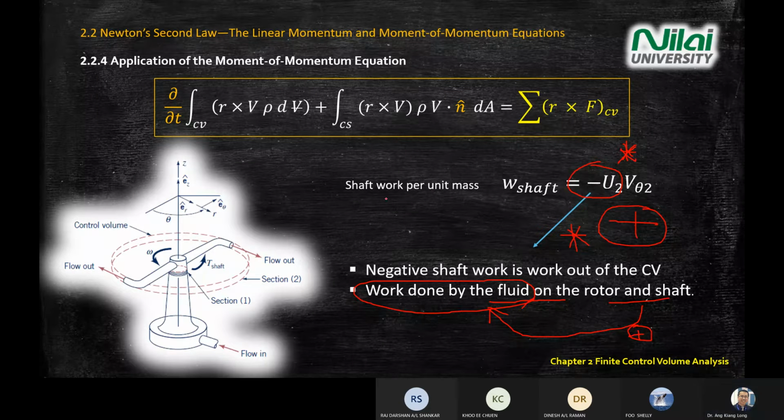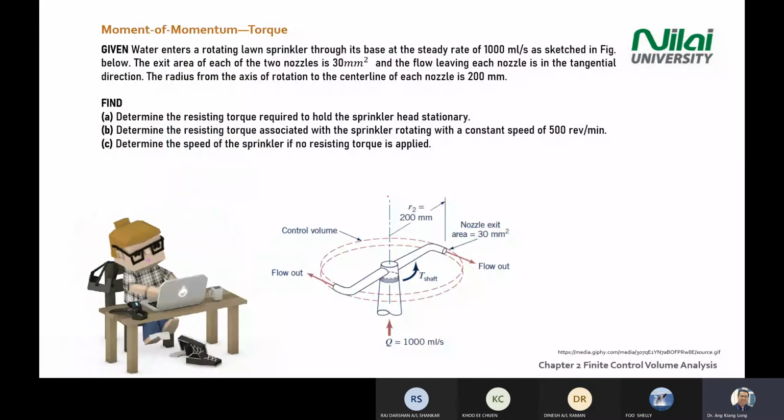All right. Let's look at this example and then we call it a day. This example is also available in your handout. So let's look at this system. If you look at this system, it already gives you the control volume, and this one uses water. The water is input from below, and then it sprays out at both ends.